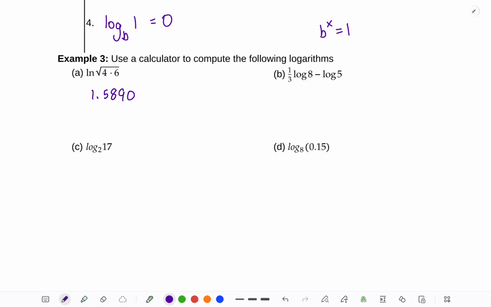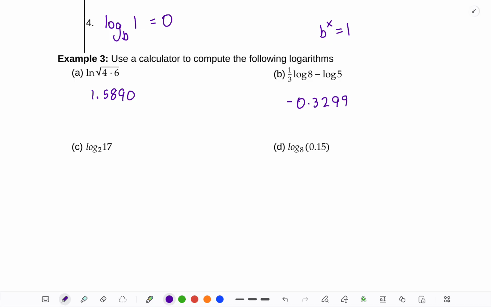And also for part B, you should be able to find the log button. So you can do 1/3 log of 8 minus log of 5. And you should be getting negative 0.3299 approximately.